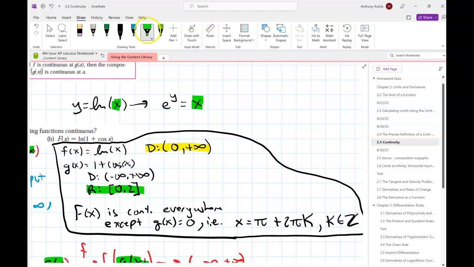All right. So, what is this? What is that stuff saying? Just in your own words. That's saying when x is pi and everything coterminal to pi, right?